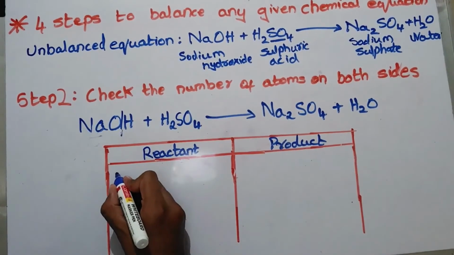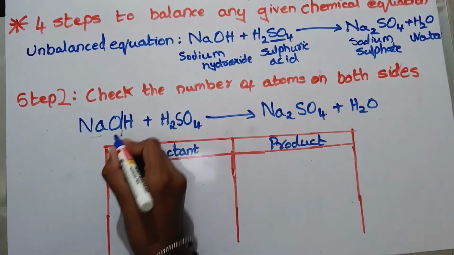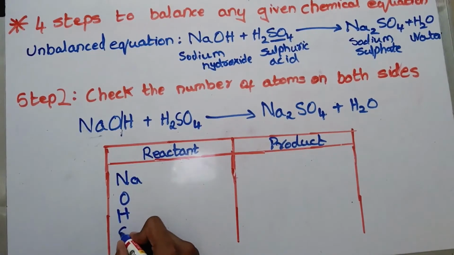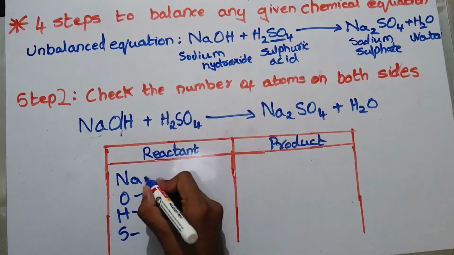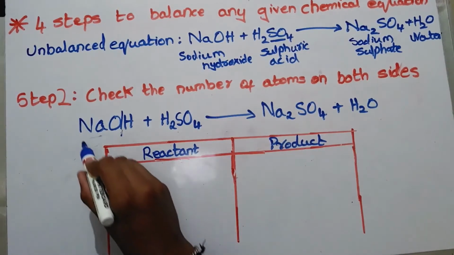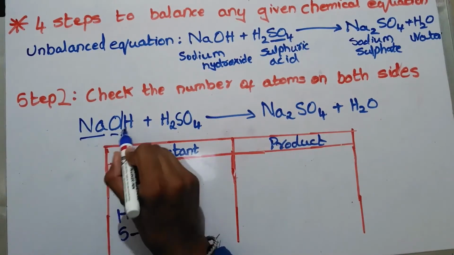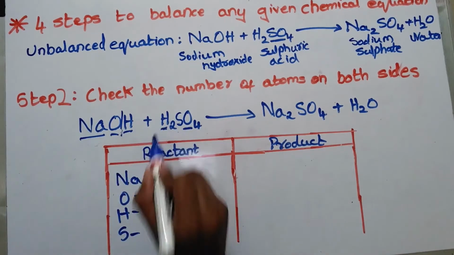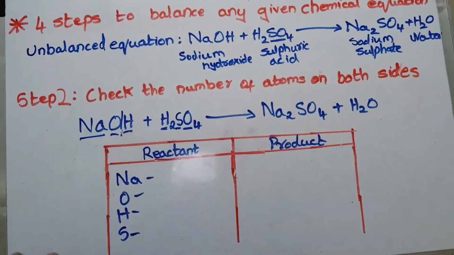So here you can simply take Na, O, H and S, and if you carefully see, these four are the only elements visible: Na, O here and here also, H here and here also, and S. So these are the only four elements.